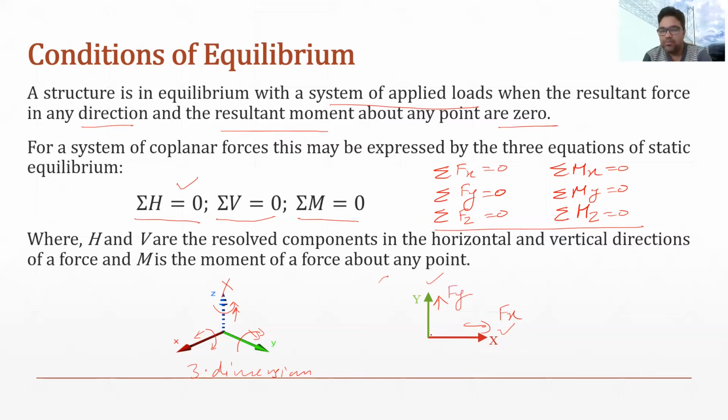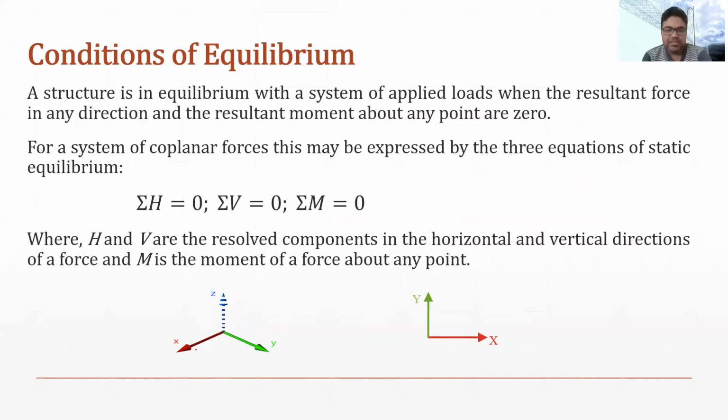But the moment in this plane will occur along the axis perpendicular to this plane. So basically, you can see if we consider the x-y plane, the moment will occur like this, and this moment is actually along the z-axis.